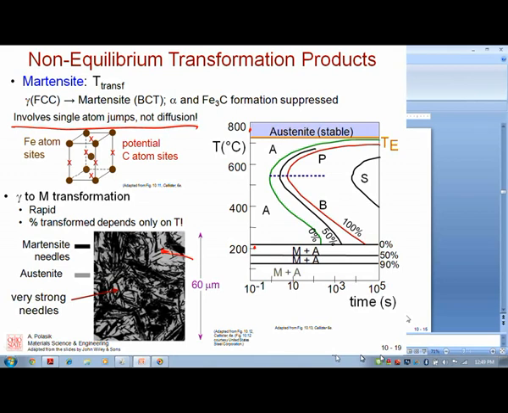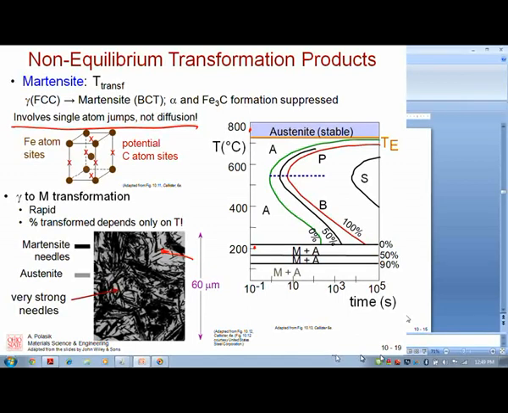Any questions about what martensite is? It is not an equilibrium phase. So if it's not an equilibrium phase, let's say we take a piece of pearlitic, bainitic, and martensitic steel at room temperature.